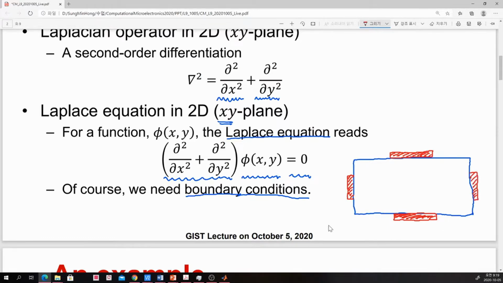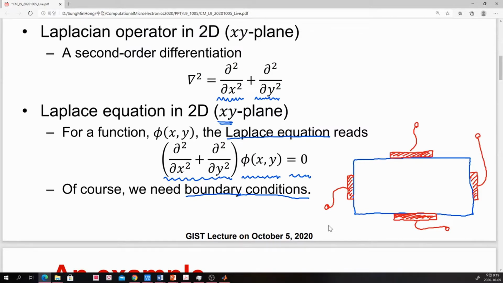We can think about this case. So we are free to set the value of this contact and that contact, another contact, and also another contact.